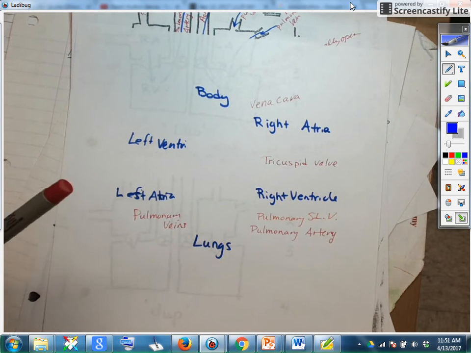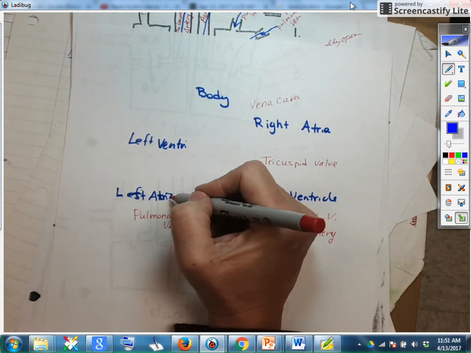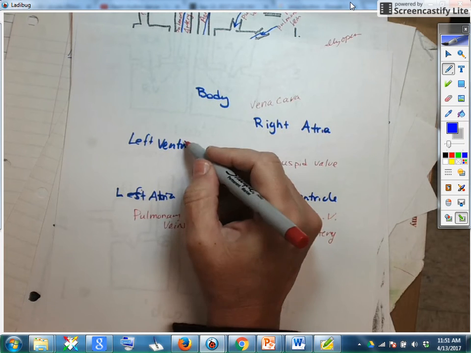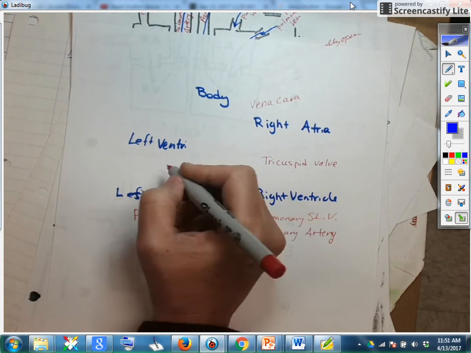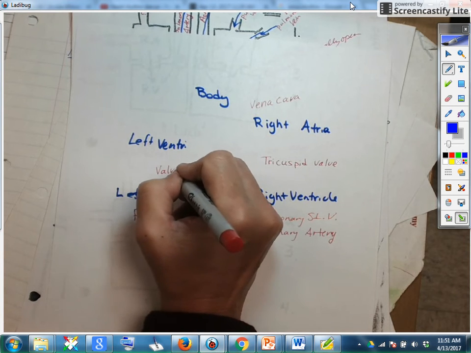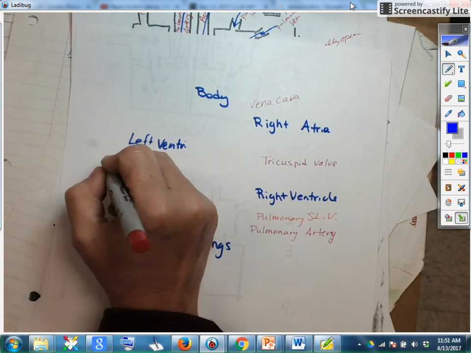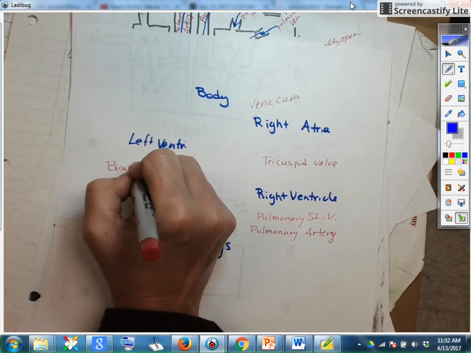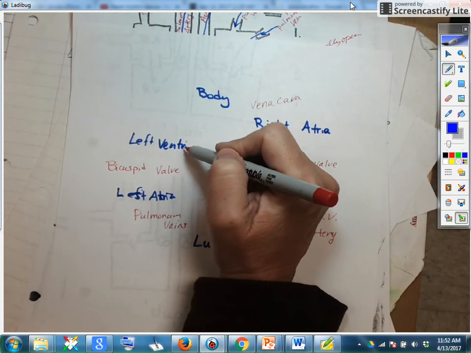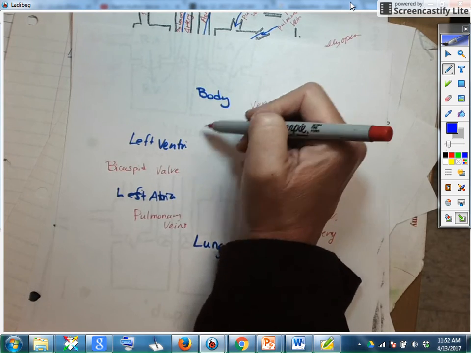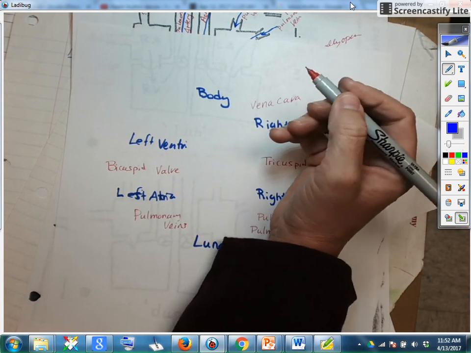From the pulmonary veins, it goes to the left atria to the left ventricle. How does it get there? It has to go through a valve. Which valve? The bicuspid valve. Then the blood goes from the left ventricle to the body. How does it get there?